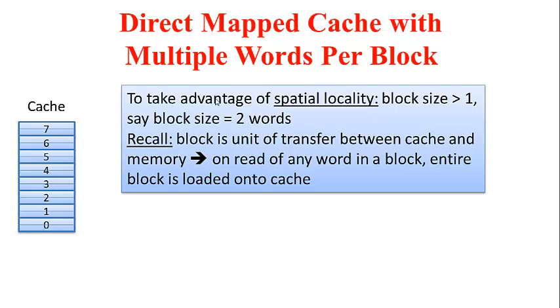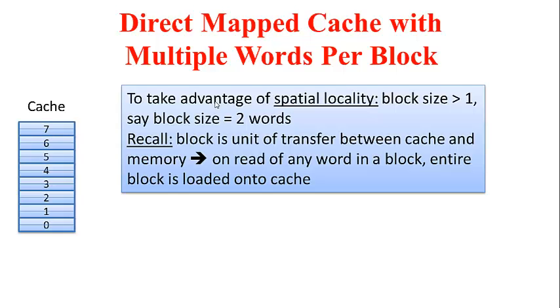Recall that block is a unit of transfer between cache and main memory. So on a miss, when we are loading a block from main memory onto cache, we will be loading the entire block of memory onto cache. So this has the potential to take advantage of spatial locality.